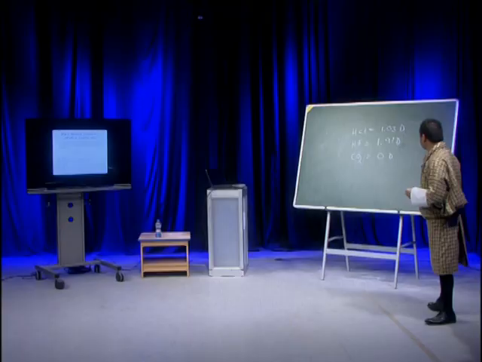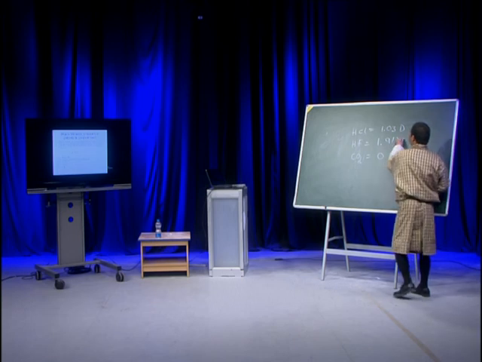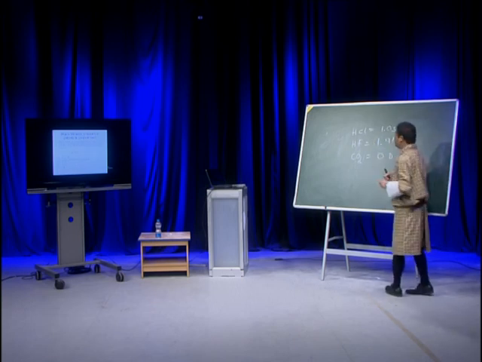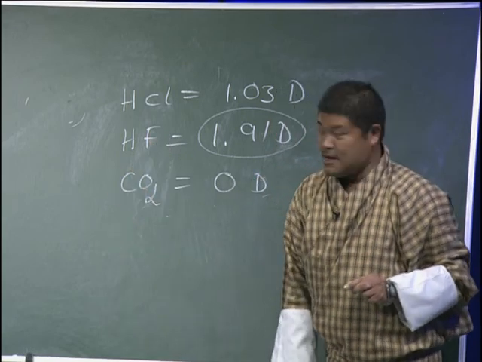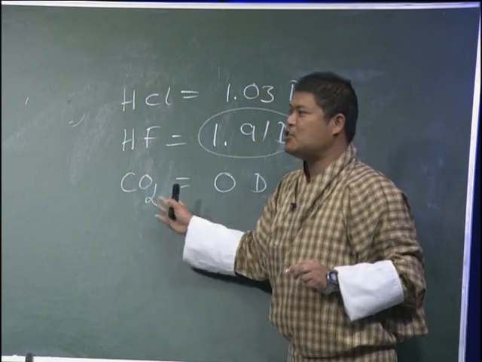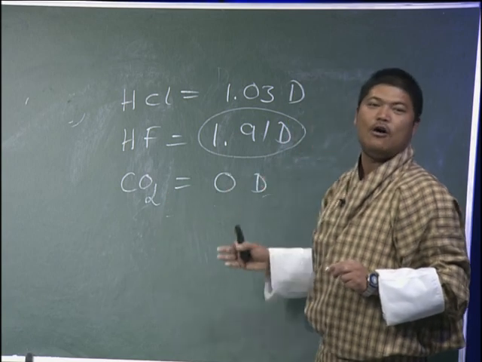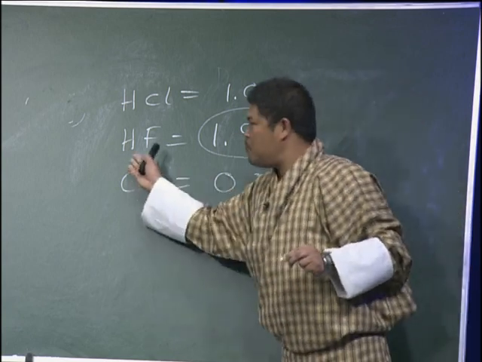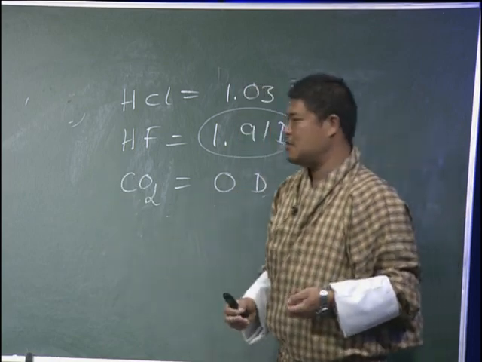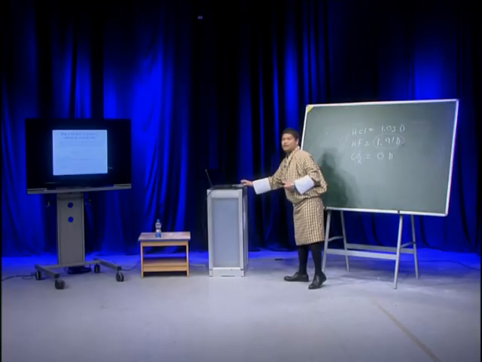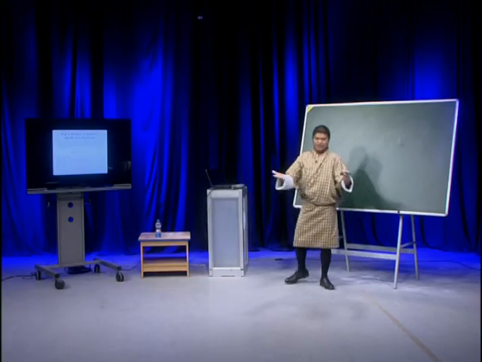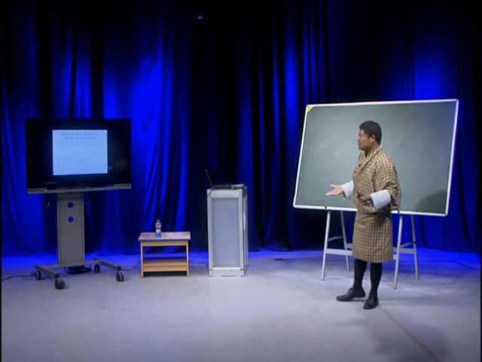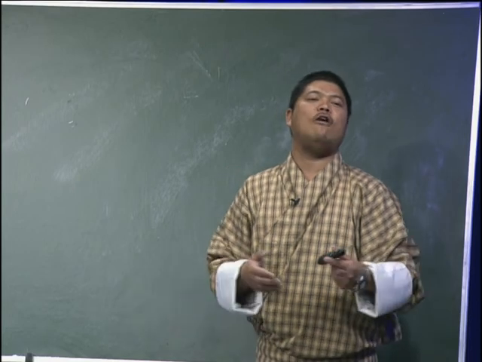We can see that HF has the highest value of dipole moment, 1.91. So HF has the maximum polarity, followed by HCl, and ultimately CO2 has a zero value of dipole moment. That means the bond in CO2 is purely non-polar covalent. So this is with regard to the dipole moment. If the value of dipole moment is greater for a molecule, that molecule will have a high degree of polarity.